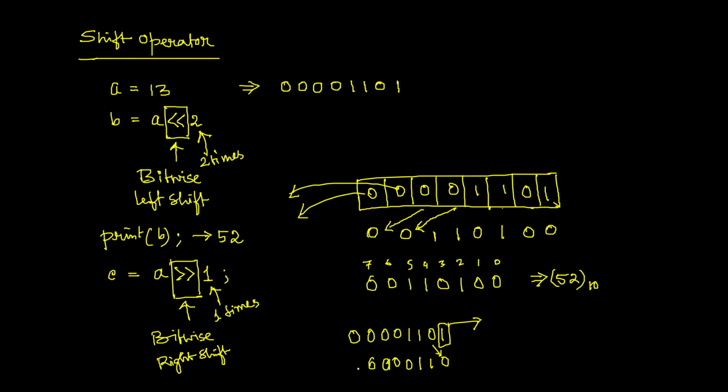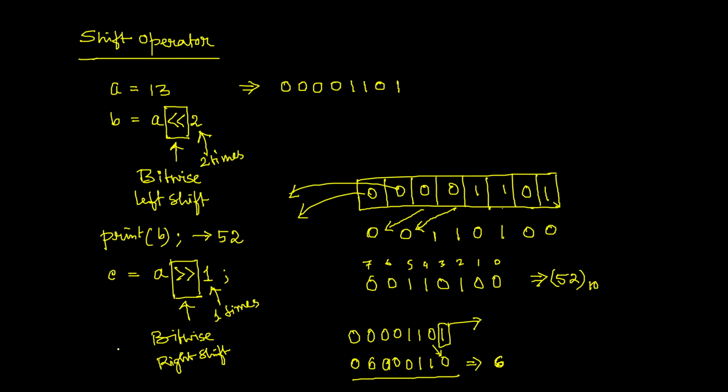And this position will be filled up by a 0. So as a whole, this becomes the new result, that is 6. Right.